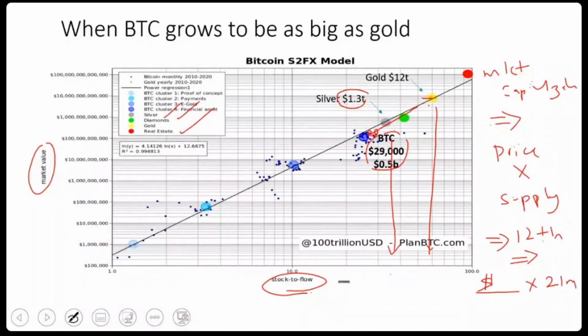If I write that equation, it would be 12 trillion equals the price of Bitcoin times 21 million. To solve this equation at a 12 trillion market cap, it will be 12 trillion divided by 21 million. That will give me the price of Bitcoin if it went to a market cap of 12 trillion. Okay, so that is the intriguing part.